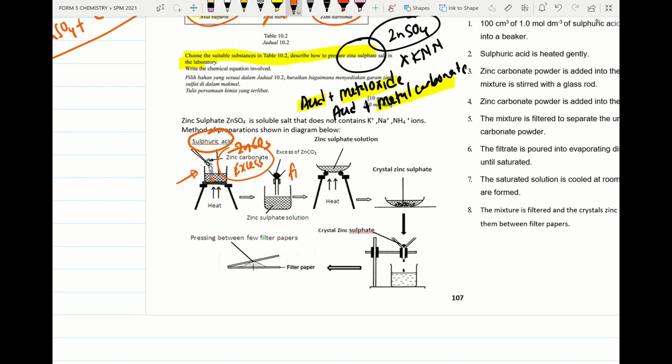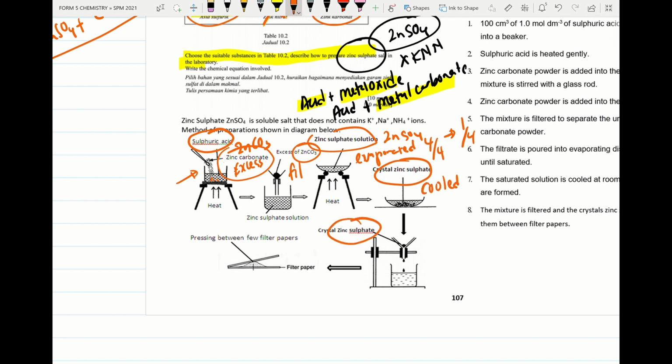We do filtration to remove the unreacted zinc carbonate, and the zinc sulfate solution is evaporated in an evaporating dish until the volume turns from 4/4 to 1/4 of the volume of the evaporating dish. The saturated zinc sulfate solution is allowed to cool at room temperature. The zinc sulfate crystals formed are then filtered and dried by pressing between filter papers.